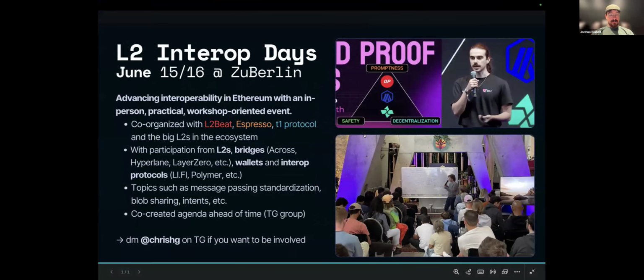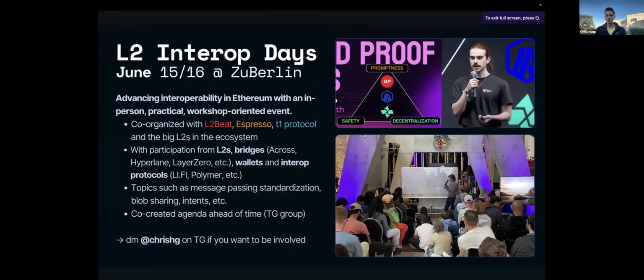Perfect, cool. Yeah, so in June we'll have Zoo Berlin again, and it was quite a focal point in the ecosystem last year in terms of research and actual practical progress. For example, pre-confirmations launched their first DevNet there, and this time we have a huge focus on L2 interoperability.